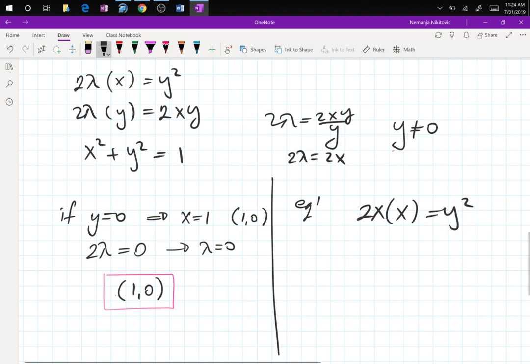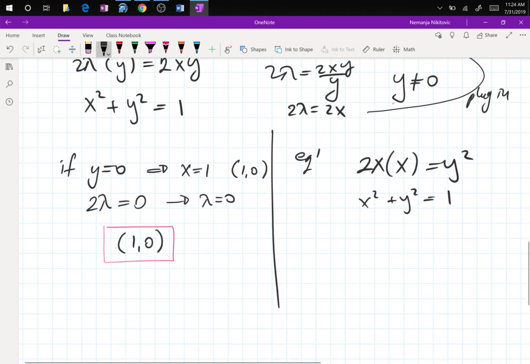We plug the second equation into the first. And then we still have x squared plus y squared is equal to 1. So now this gives us on the top 2x squared equals y squared, and we still have x squared plus y squared equals 1.